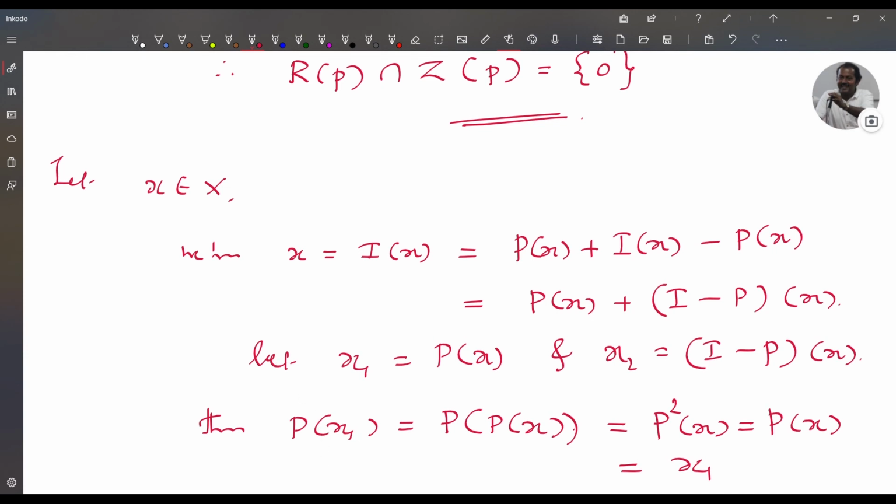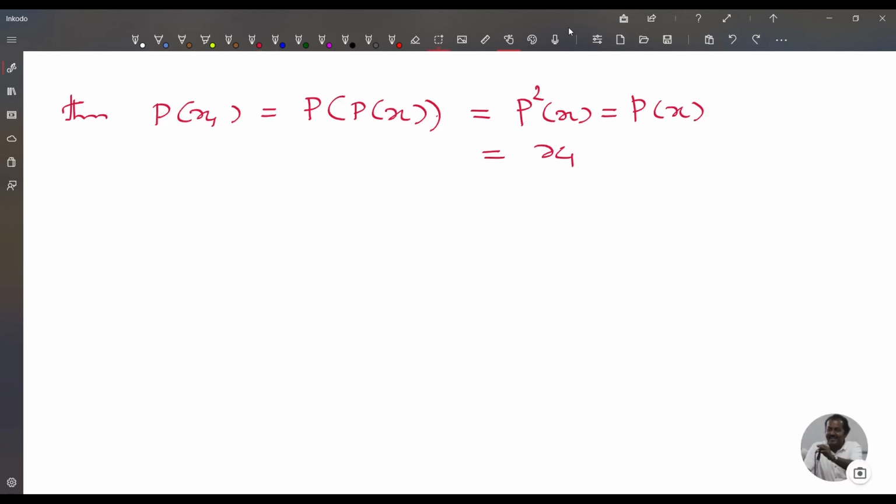So this implies P of x1 equal to x1. So this implies x1 belongs to the range space of P.